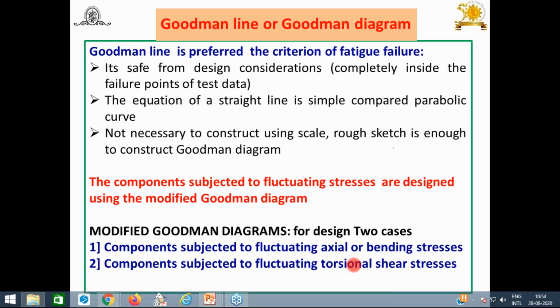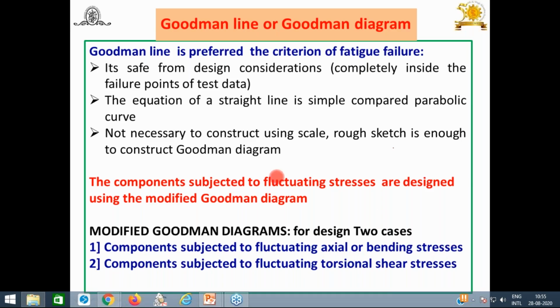So while solving the problem, you have to check whether the component is subjected to bending or axial, or the component is subjected to torsional or shear. Sometimes a component may be subjected to both bending as well as torsional. I will explain that point in the next session or during the discussion of combination. So let us today first of all consider a component subjected to fluctuating axial or bending stress.